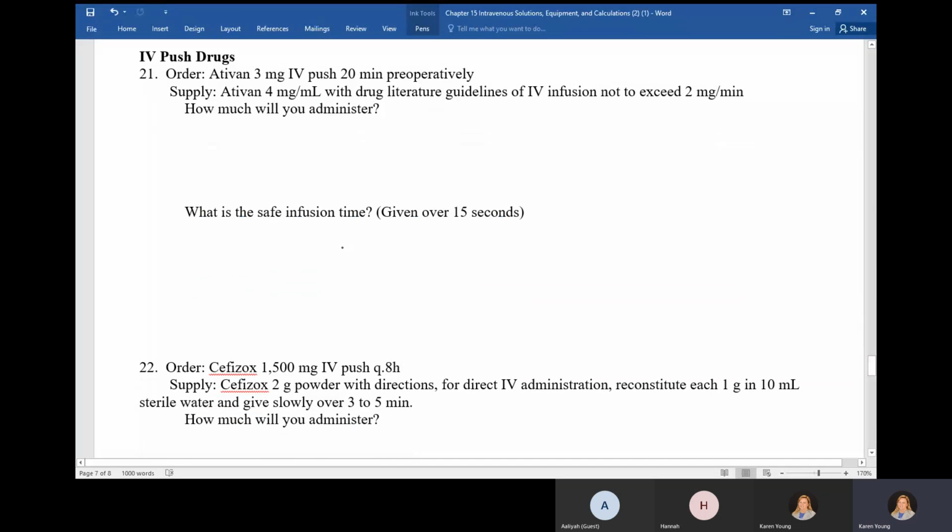Now, the IV push drugs. I had a video I showed my other class, and it wasn't a good video, so I'm going to see if I can find a video real quick, or at least that same one.